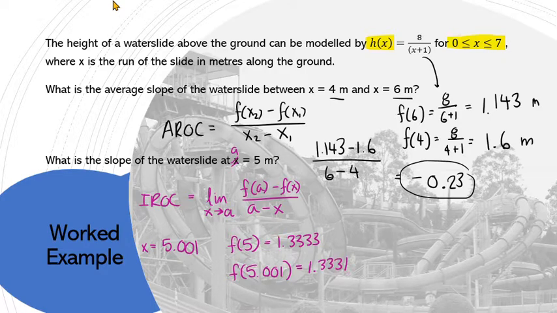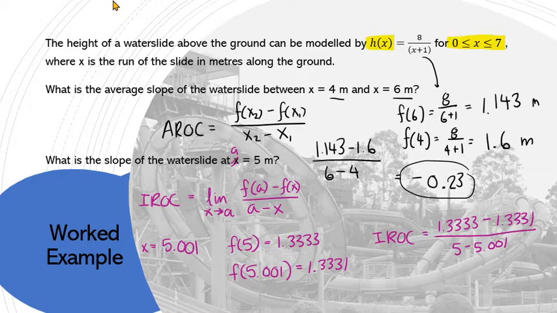Okay, so our IROC is going to be f of a, 1.3333, minus f of x, 1.3331, divided by a, 5 minus 5.001. So that's how we've got that limit.